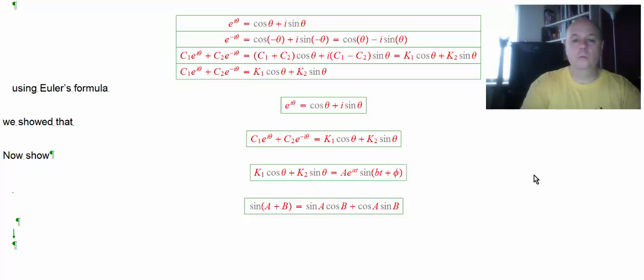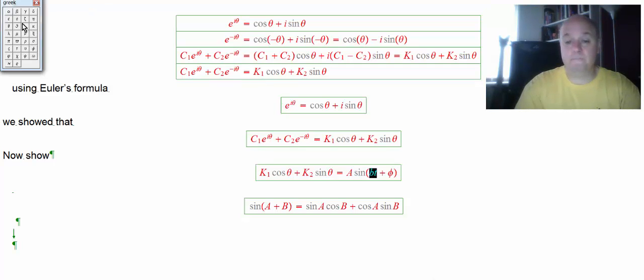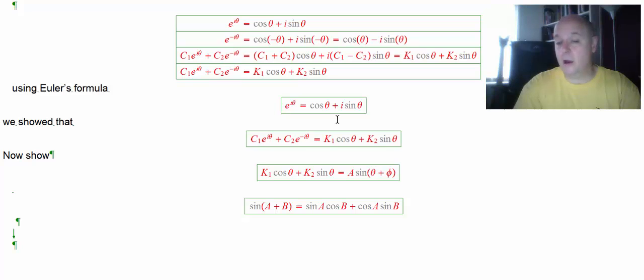Using Euler's formula, we showed that a linear combination of e to the i theta and e to the minus i theta is the same thing as a linear combination of cos theta and sine theta. Now I want to show that a linear combination of cos theta and sine theta is the same thing as a single shifted sine function, where A and phi are constants.